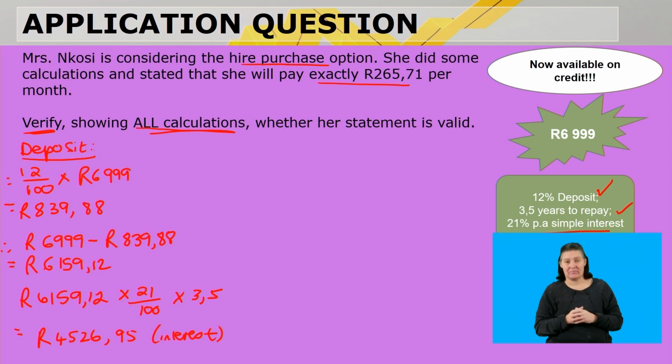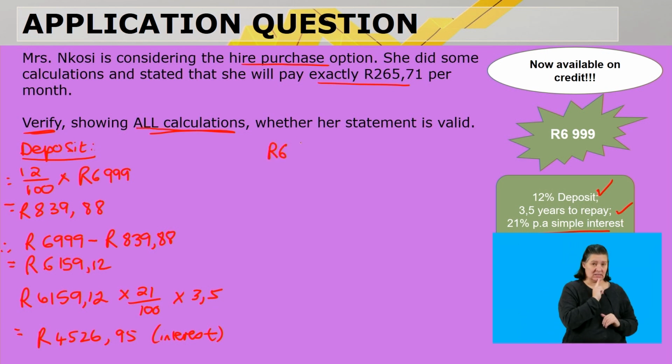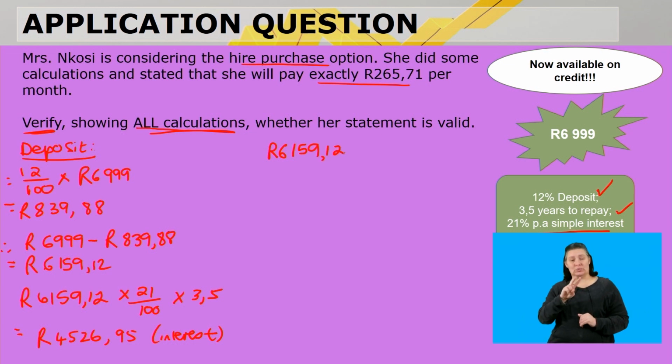Okay? So now I go and say, what is the total amount to be repaid? I'll continue on our right-hand side. So I take the loan amount, 6,159 Rand and 12 cents, plus the interest on this loan amount of 4,526 Rand and 95 cents.